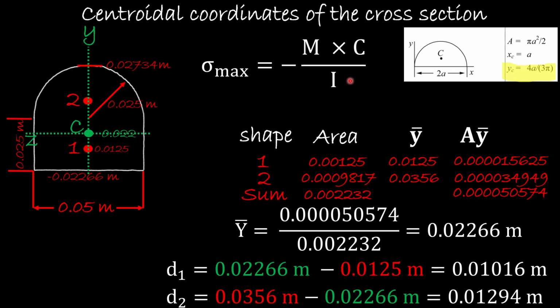So now we can remove this, and let's write down our flexural formula and see what we got. We got here the C value, which is 0.02734 at the top, and minus 0.02266 at the bottom of the beam.